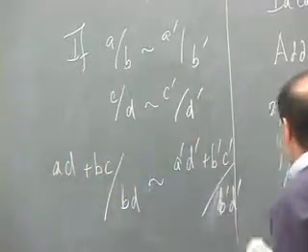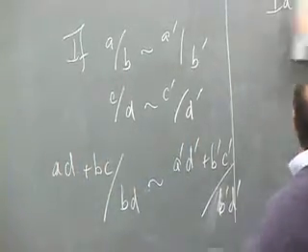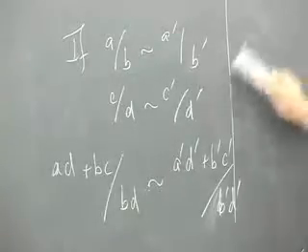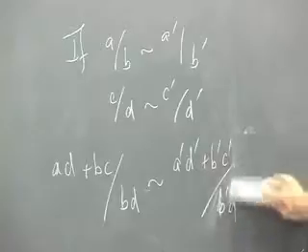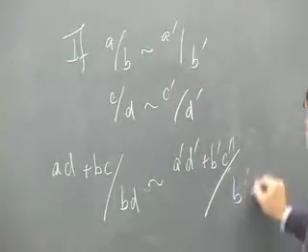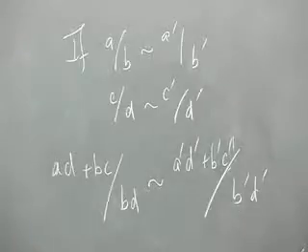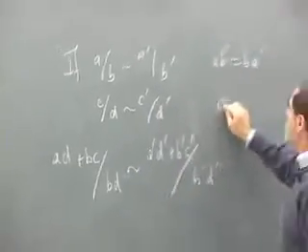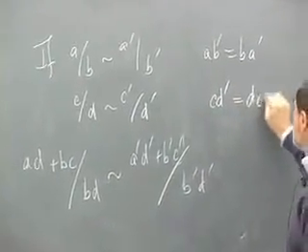Okay, well, again, if you believe that this works, it's just a matter, I mean, how hard can this be? You're not allowed to do any calculus here. You can't differentiate everything, so it has to be pretty simple. Let's see if we can do it. B prime, D prime, and I'll let you check some of the other things. So this says that AB prime is equal to BA prime, and this says that CD prime is equal to DC prime.